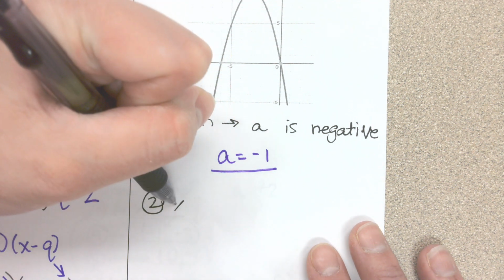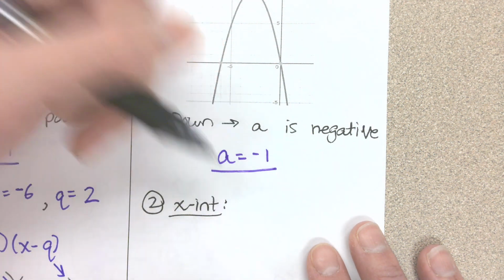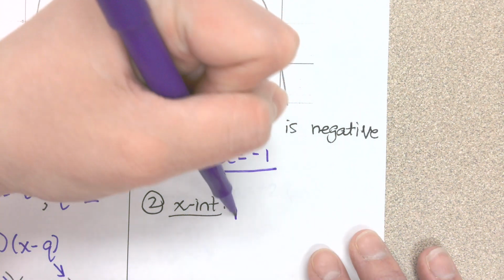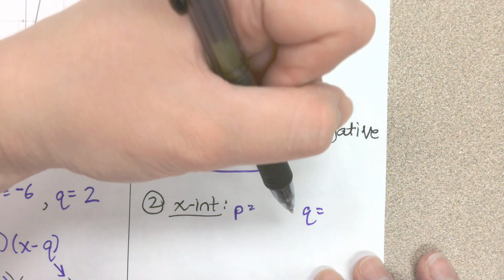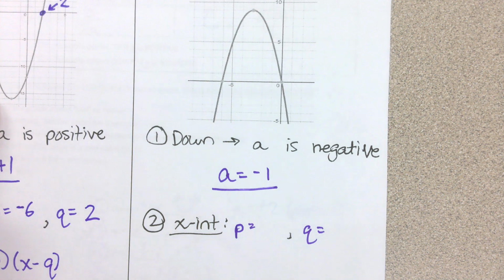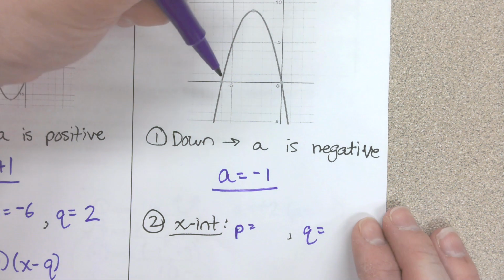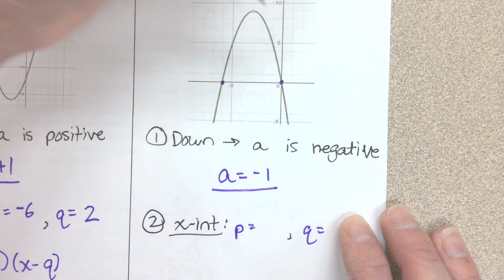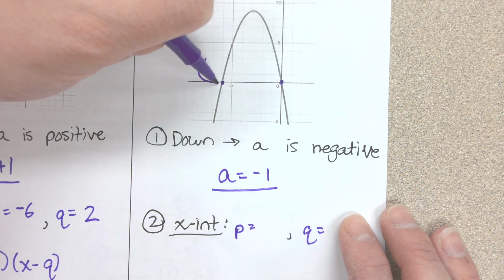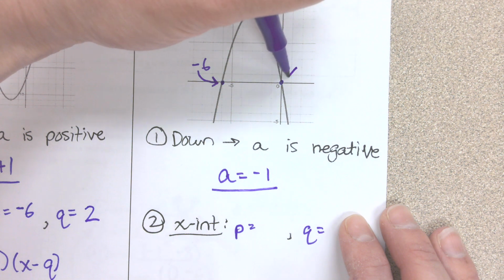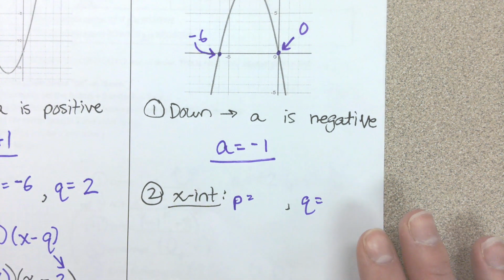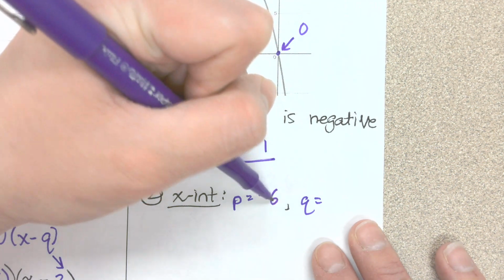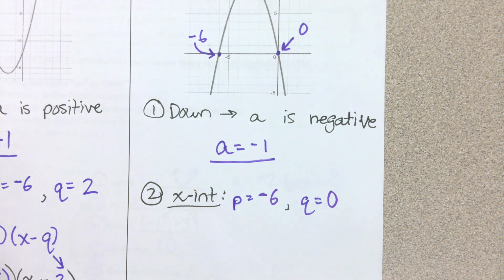Next, the x-intercepts, the P and Q. Looking at our graph this time, where do we cross the x-axis? Yes. So we're using negative 6 again. And this time, the point on the right is a 0. So P is negative 6 and Q is 0.